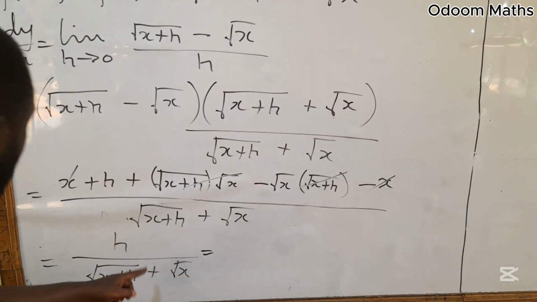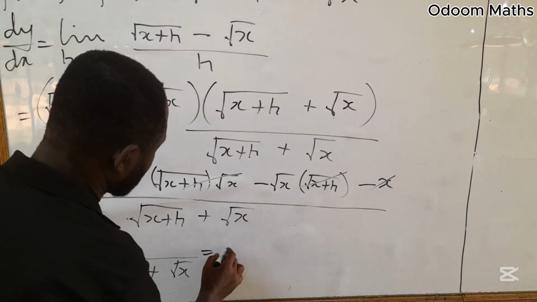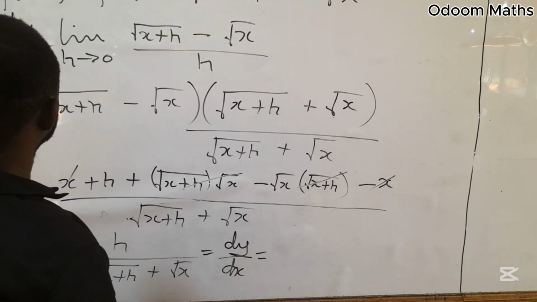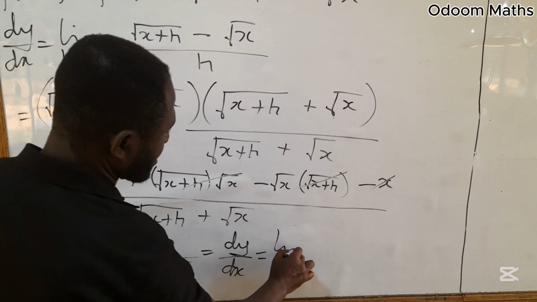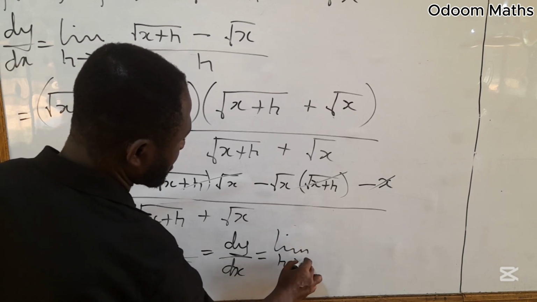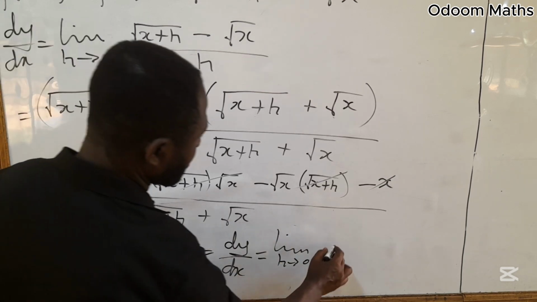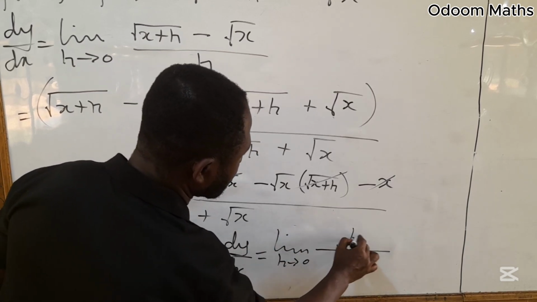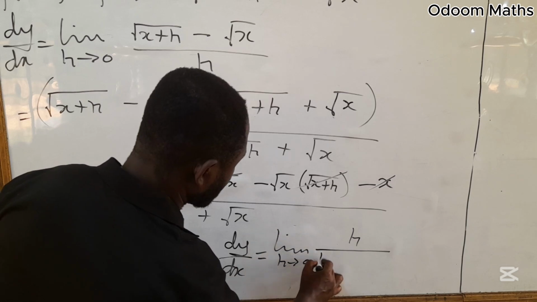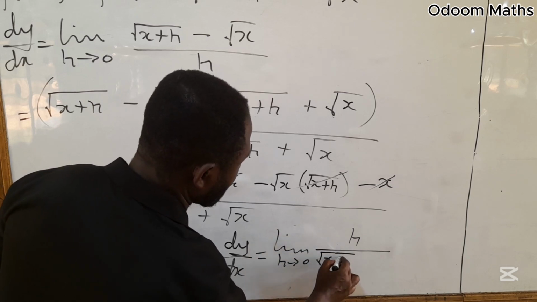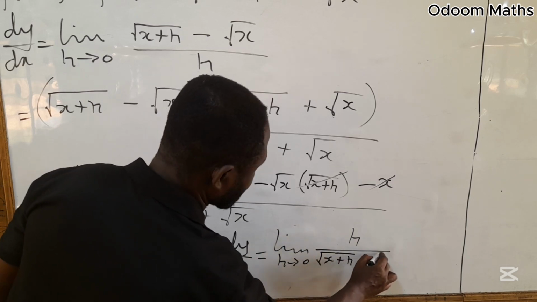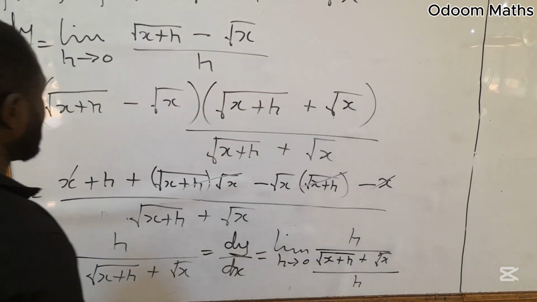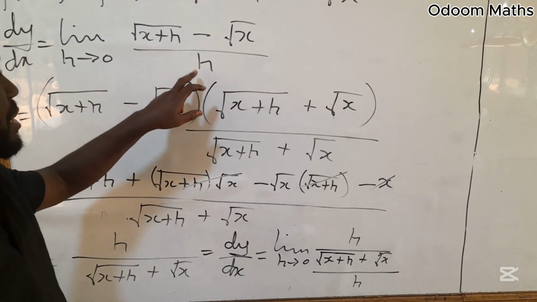Let me substitute this into the formula: dy/dx equals the limit as h approaches 0 of h over (root of (x + h) plus root x), all over h, because we shouldn't forget this h.